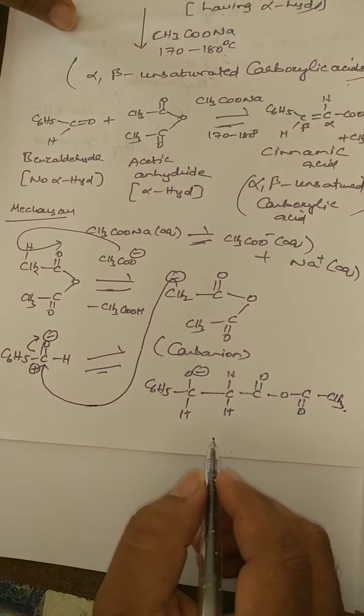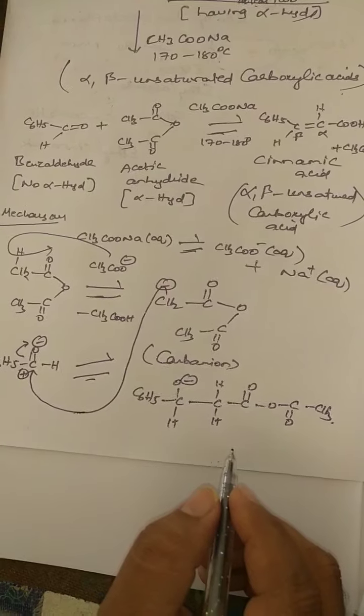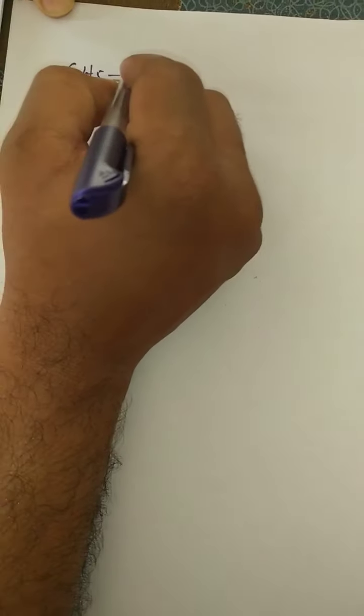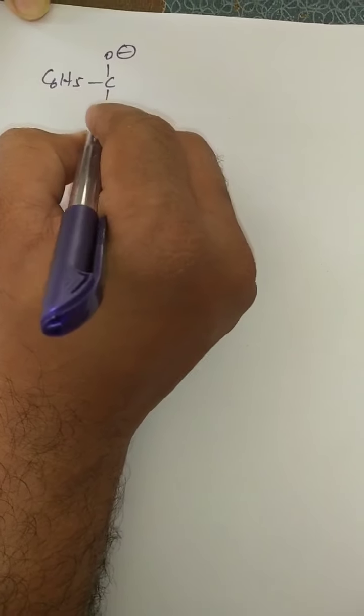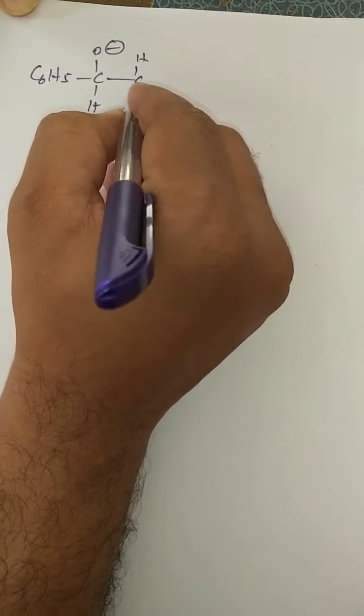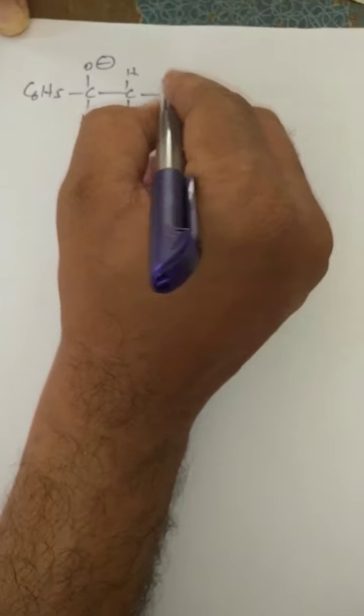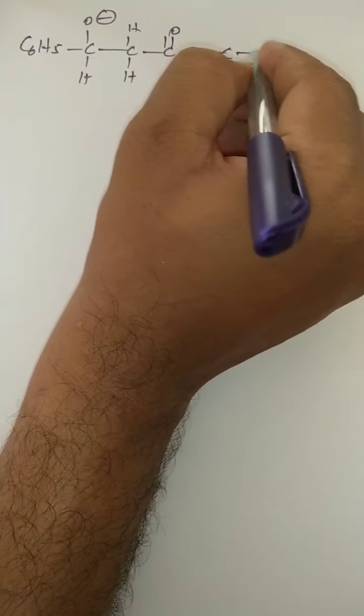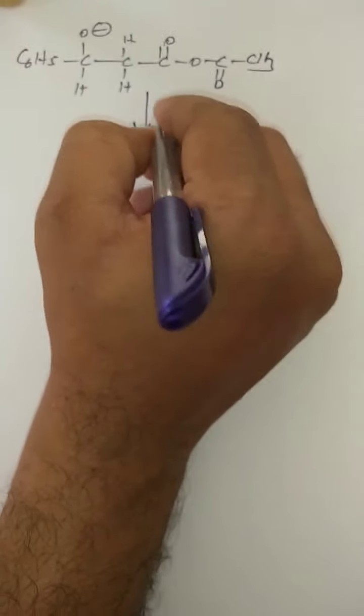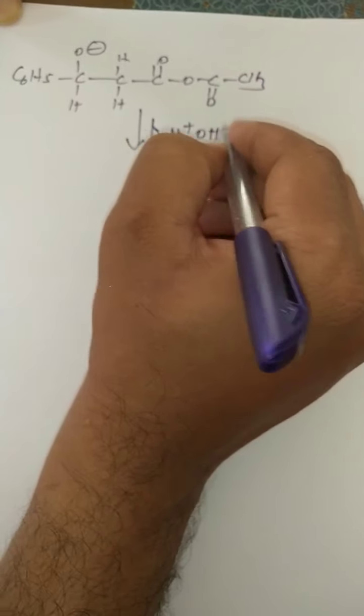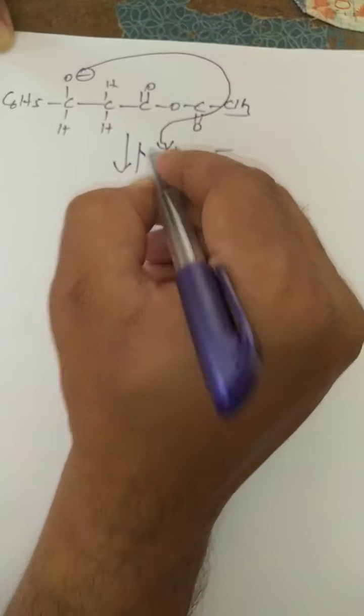So this, on protonation. I am taking the same compound, C6H5CH(O minus)CH2COOCOCH3. Protonation means, in aqueous medium, this O minus will take this H plus.